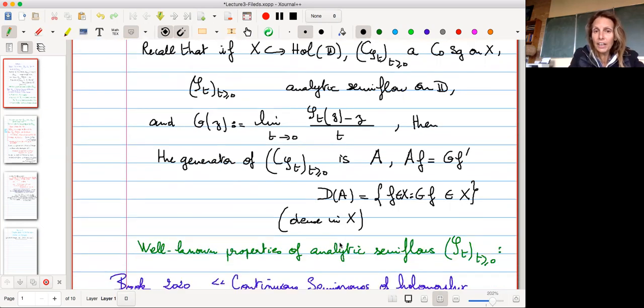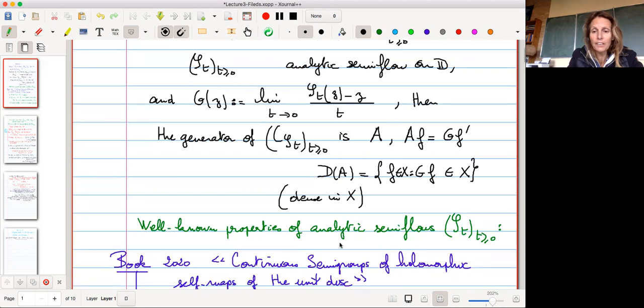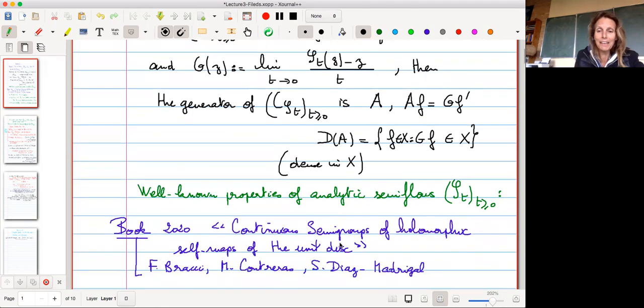Okay, so first I will remind you, or mention for people who are not familiar with that notion, well-known properties of analytic semiflows. And I would like to recommend a very nice, recent book written by Filippo Bracci, Contreras, and Díaz-Madrigal, about continuous semigroups of holomorphic self-maps of the unit disk.